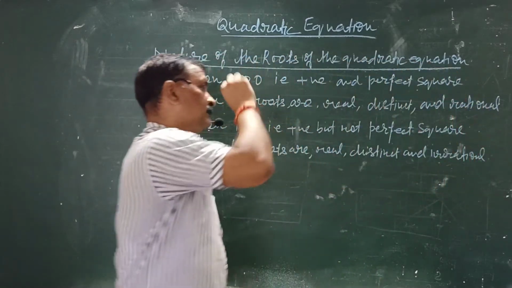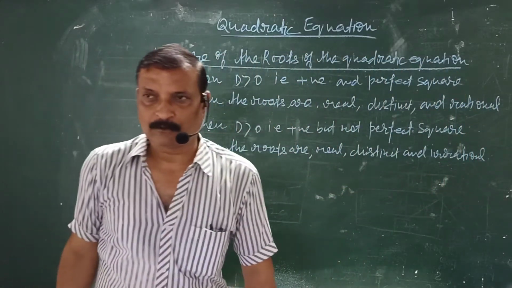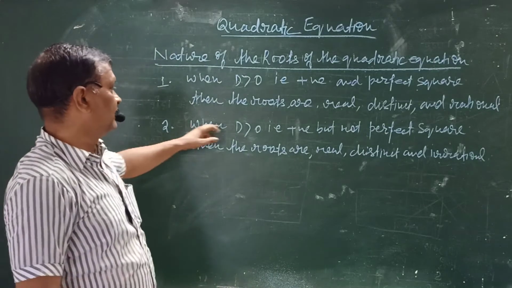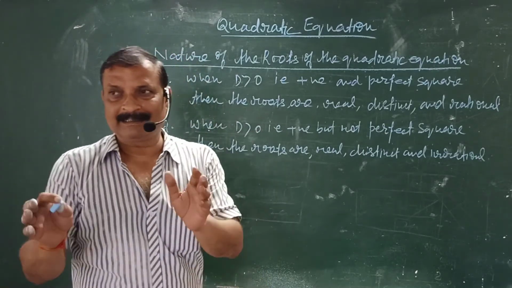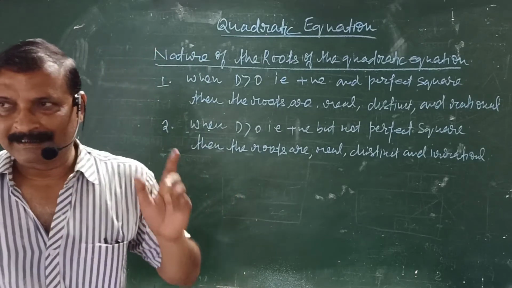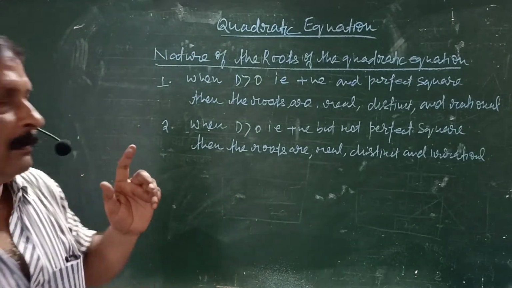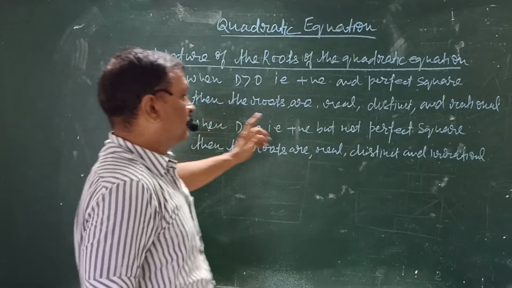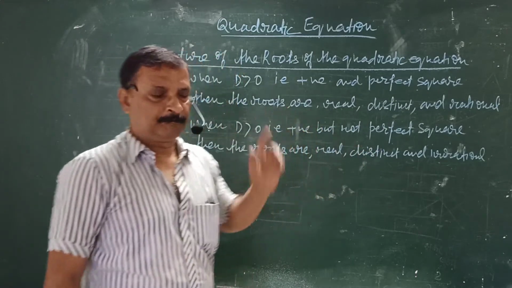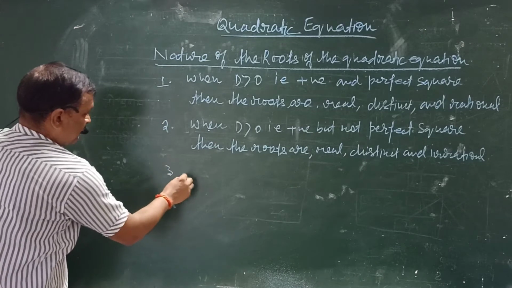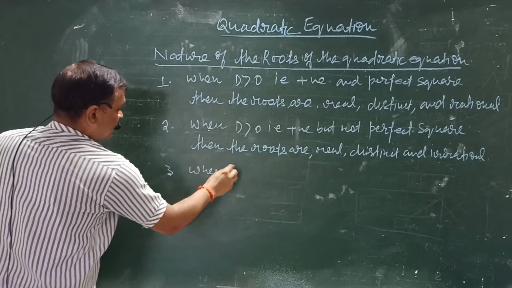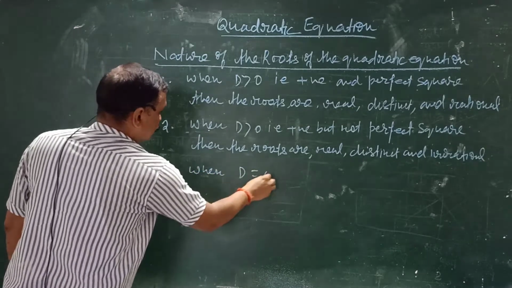The second condition for finding the nature of the roots is that when D is greater than 0 but not a perfect square, then the nature of the roots are real, distinct and irrational. Now the third point is when D is equal to 0.